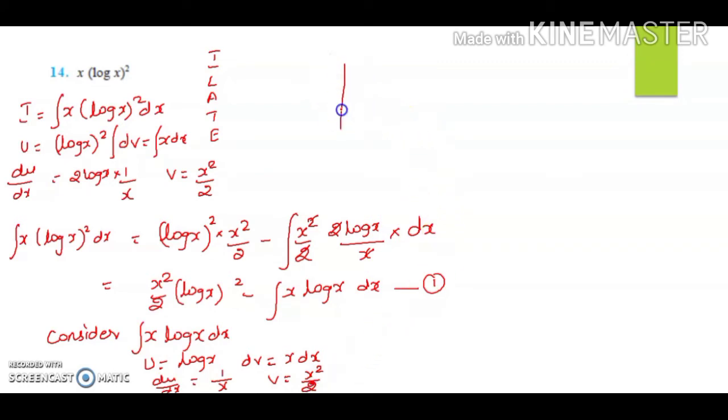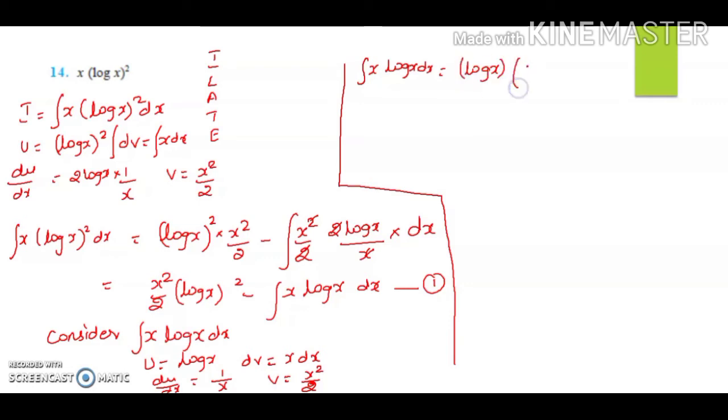So now let us substitute in the formula uv minus integral v du. So integral x log x dx is equal to u value log x, v value x square by 2, uv minus integral v du. V value is x square by 2, du value is 1 by x into dx.